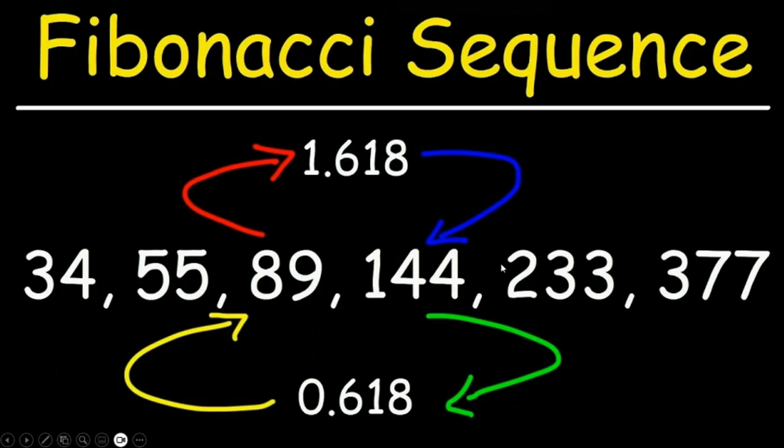This sequence starts to make sense in that there's a very consistent pattern. If you divide the other way, 89 divided by 144, it's 0.618. 55 divided by 89, 0.618. So depending on which way you divide it, there's always this consistent number that appears in the Fibonacci sequence.